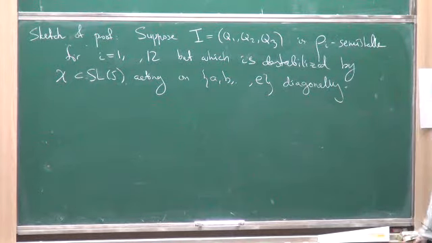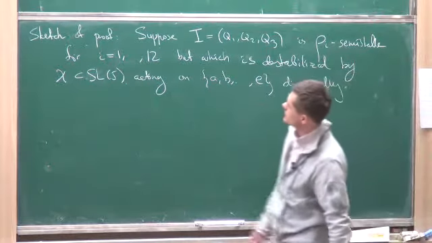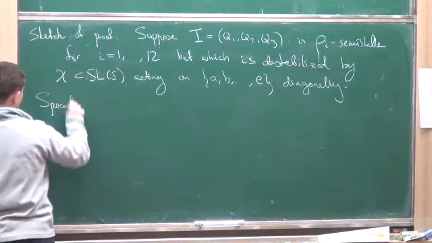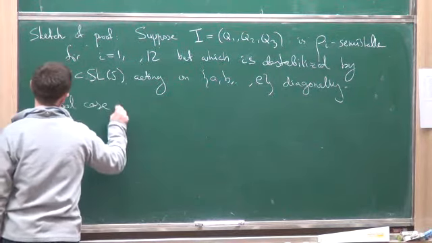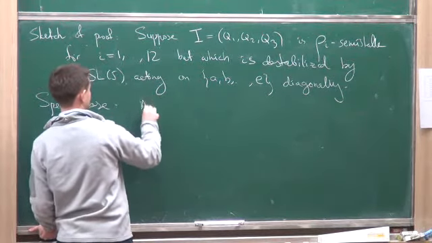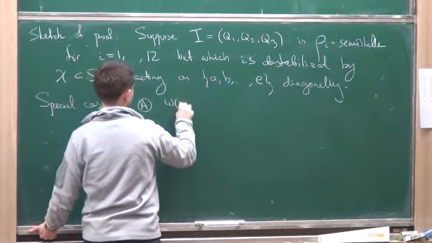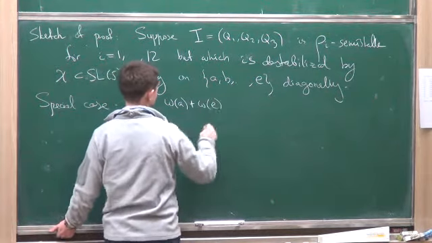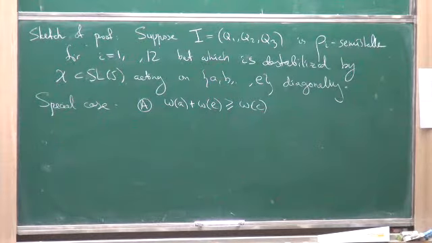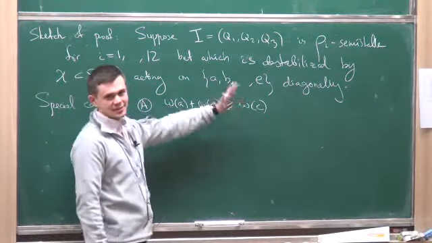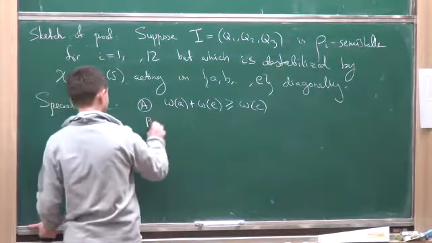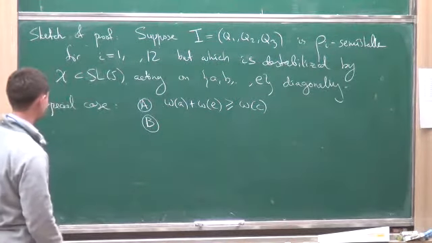It's going to be a sketch, so I'm just going to consider a very special case and make two restrictive assumptions. A is that the weight of A plus the weight of E is greater or equal than the weight of C. If you look at our conventions, this inequality describes exactly half of the one-parameter subgroups. We need all, but let me just do this one.